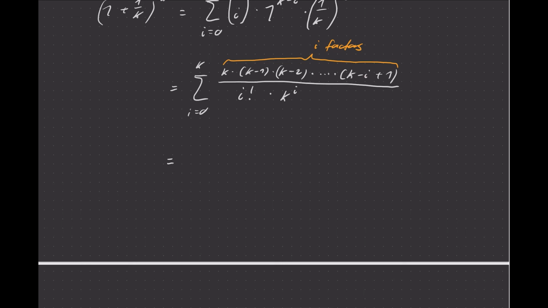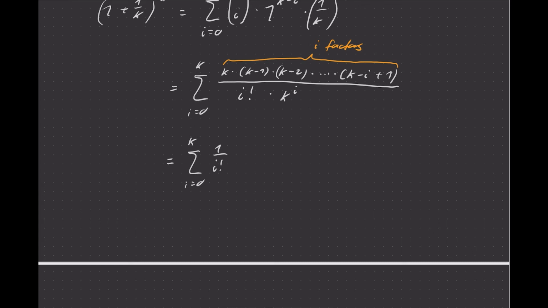Now again, let's simplify this a little. Let's first take out the 1 over I factorial here. And then these expressions here, we'll split up the k to the power of I into k times k times k, and we have I factors.